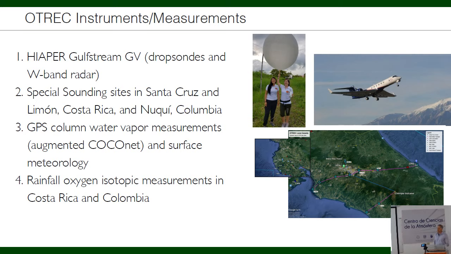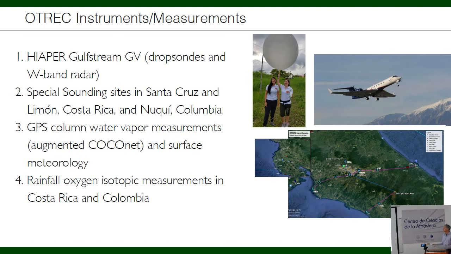Okay, so what instruments are we going to have? So one of the main platforms is the Gulfstream G5 aircraft that is operated by the National Center for Atmospheric Research in Boulder, Colorado in the United States, and that's a picture of the G5 here. What we're going to do with that is, primary measurements are dropsondes, and I'll show you the array that we're going to operate in.